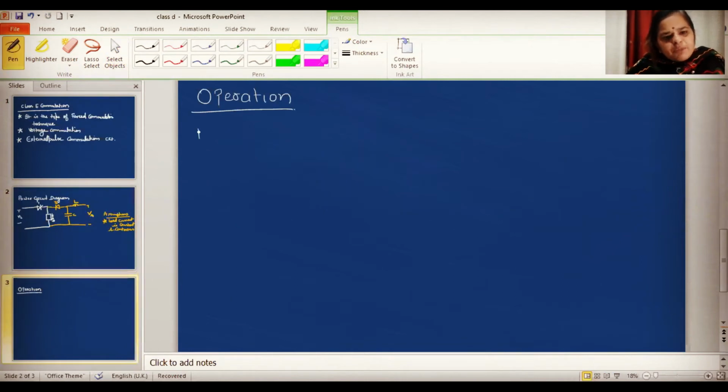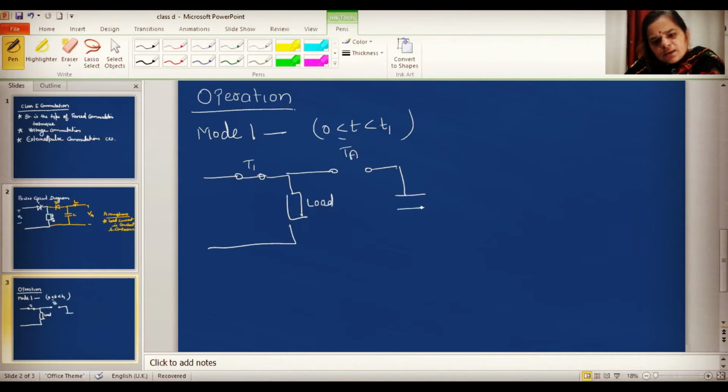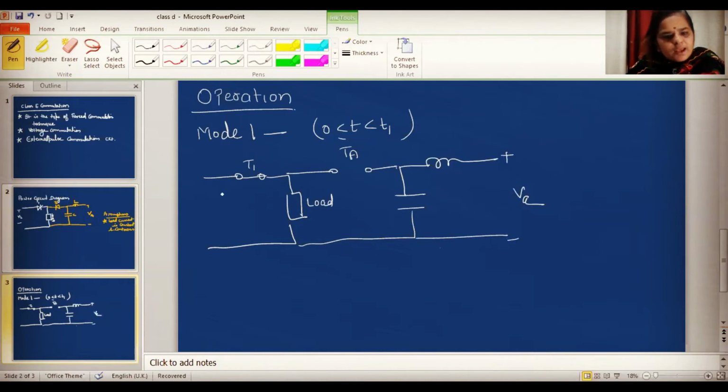In operation, mode 1 exists from 0 to T1. In mode 1, T1 is conducting, like this. Here is the load. TA is off, and this is the capacitor voltage. Here L, and this one is plus minus VA. Now under this condition, two currents flow.